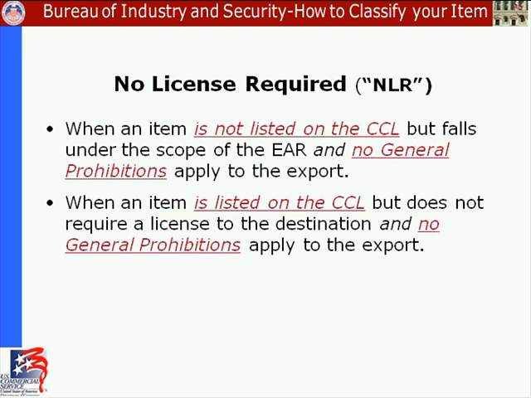Okay? And so one situation is EAR99, and another situation is when an item is listed on the CCL but doesn't require a license to the destination. Why? Because there's no X marked in the Commerce Country Chart.